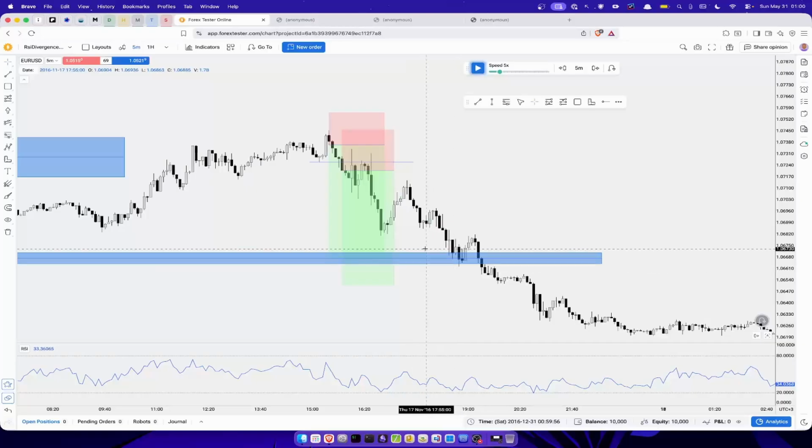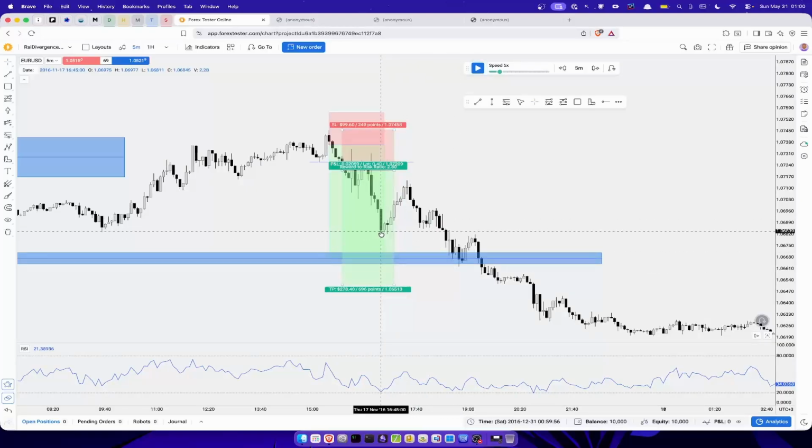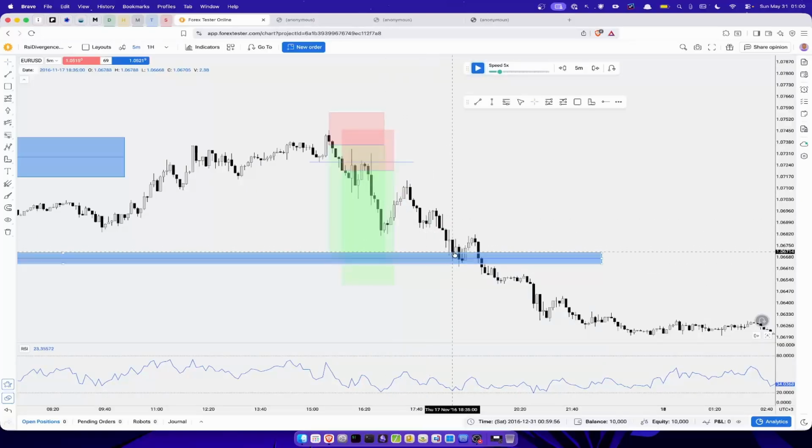So in this case, as you can see, the market formed this low and then approached this low and formed a higher zone in the RSI. The RSI essentially formed a higher low while the market was heading lower.